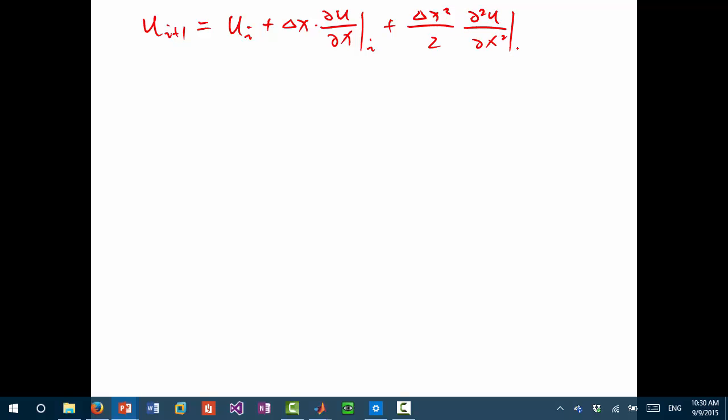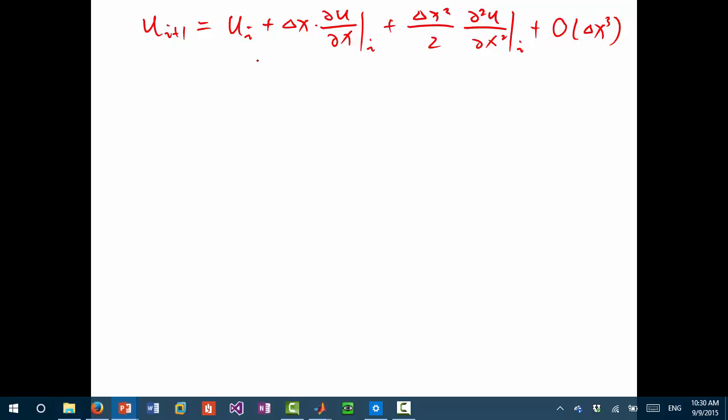Duplicate slideshow. Okay. So the solution u at i plus 1, through Taylor series analysis, is equal to u_i plus delta x times the partial derivative of u at i, plus half of delta x squared times the second derivative of u at i, plus higher order terms I'm going to write as O(delta x cubed).